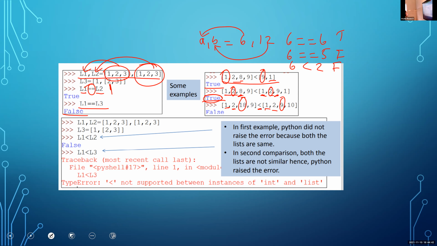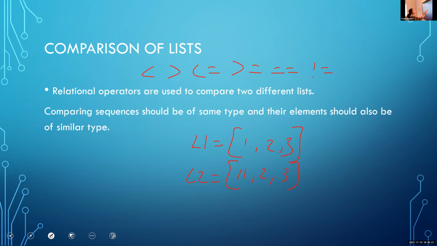What about this one? L1 less than L3 will raise an error. It is a TypeError, because in the second comparison the number of elements is different. We learned one point related to comparison: when we compare the values of lists, the elements must be of similar type and the number must also be the same.